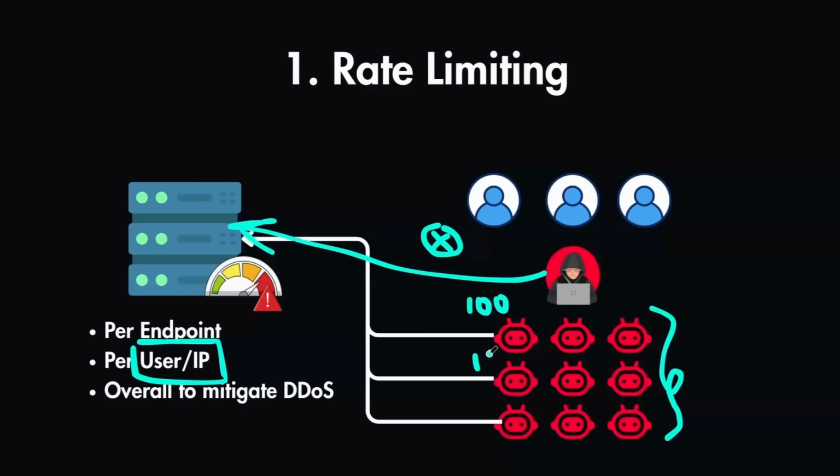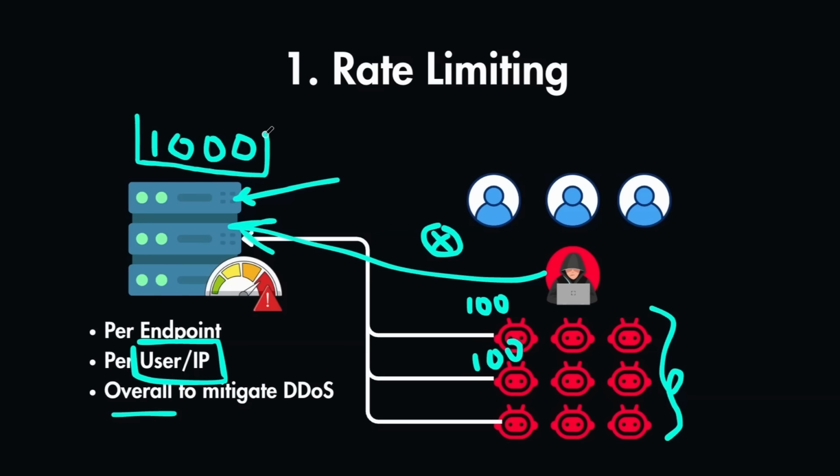So each of these bots has 100, and overall they have more than you would allow or your system could handle. That's why you also have overall rate limiting, which can be some bigger number. So whenever all the traffic coming into your server reaches or passes this number, then you will temporarily block all requests until you find out the root cause. And of course, these numbers are just examples. In reality, it's much more than 1,000, but that's just an example.